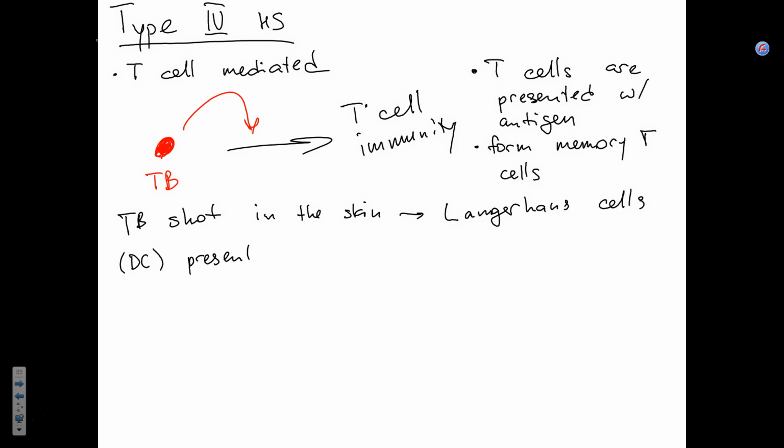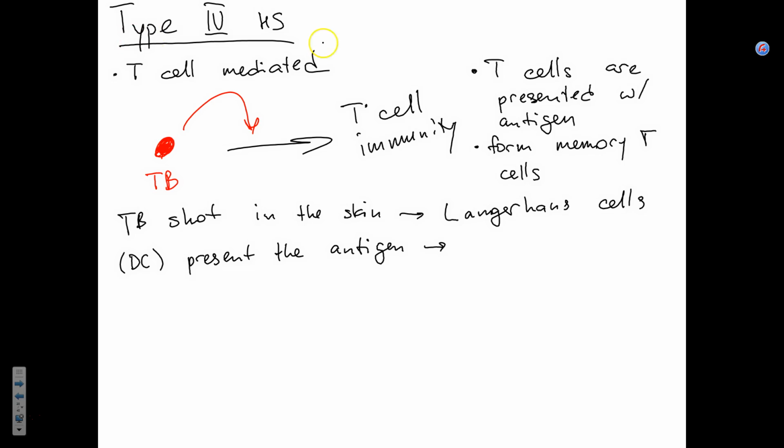present the antigen, and they present the antigen to memory T cells, which recognize the antigen and start to proliferate, right? They start to multiply. Does it make sense? You follow me?